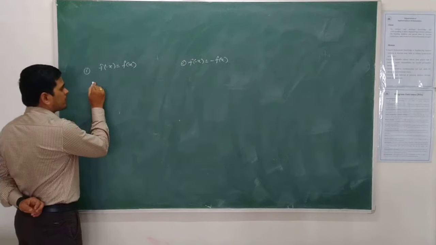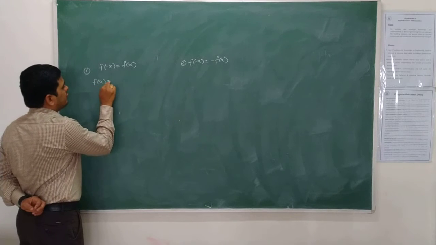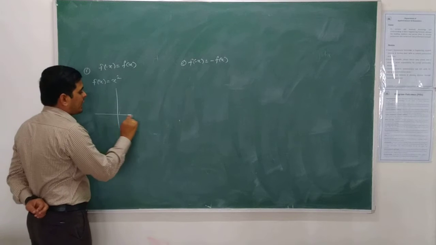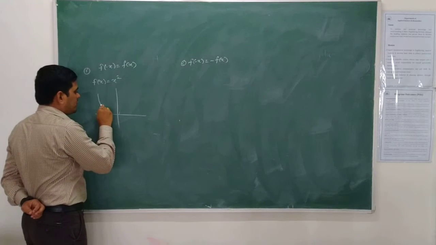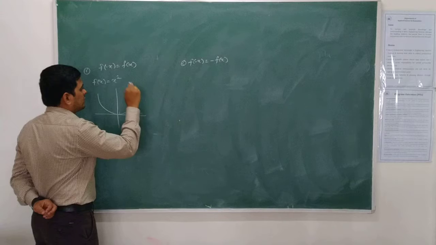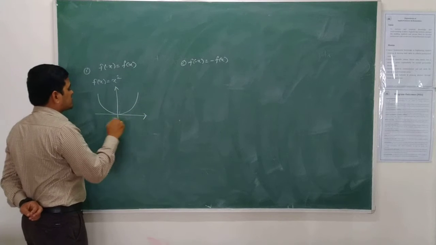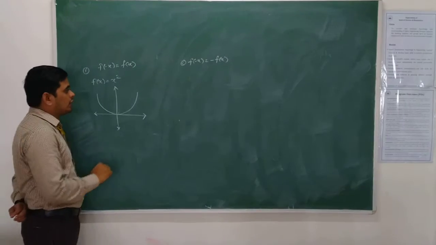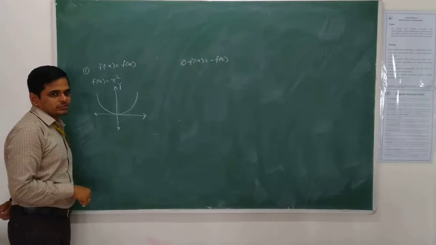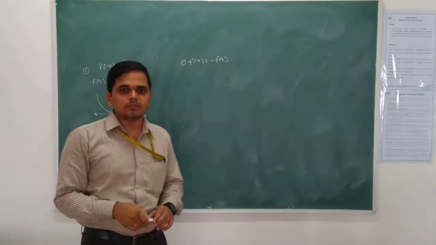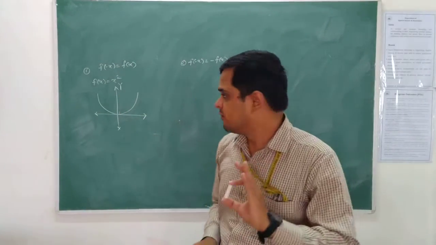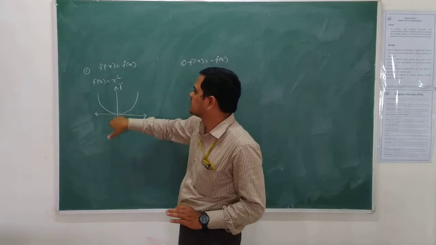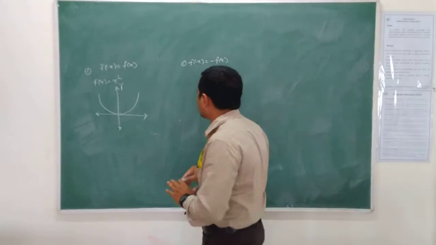For example, f of x is equal to x square is a parabola which is symmetric about the y-axis. So this is a very important characteristic of an even function. If the function is even, then it is symmetric about the y-axis.